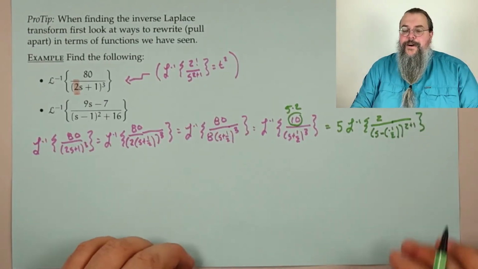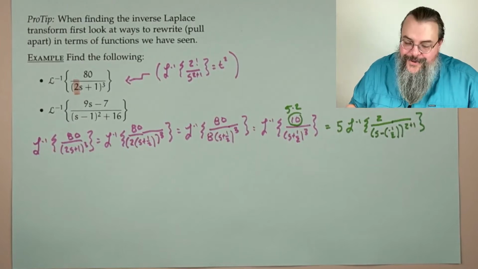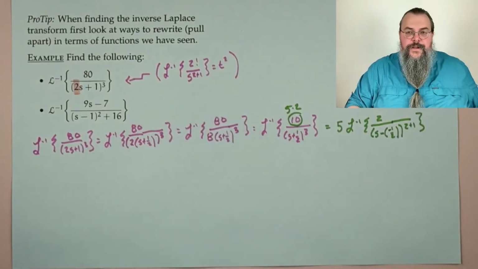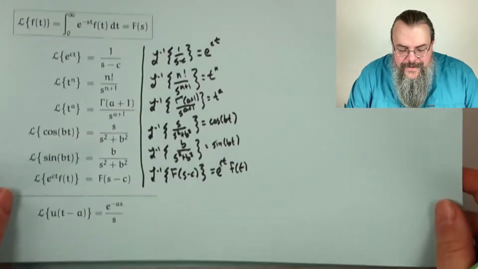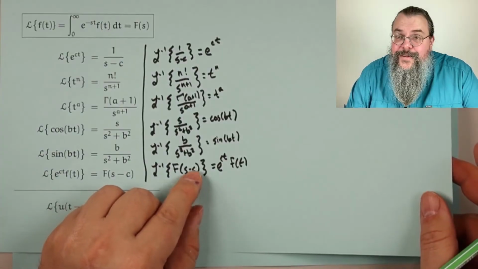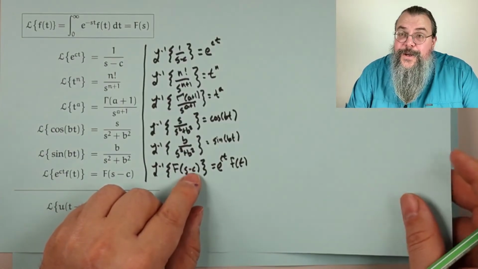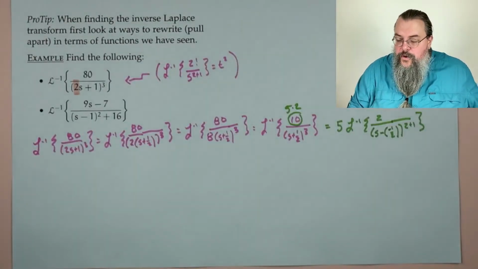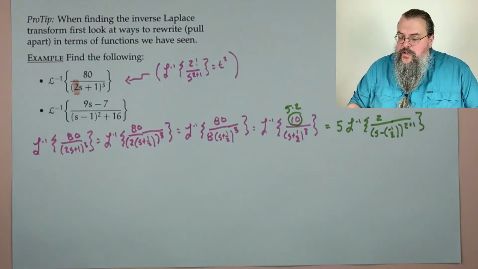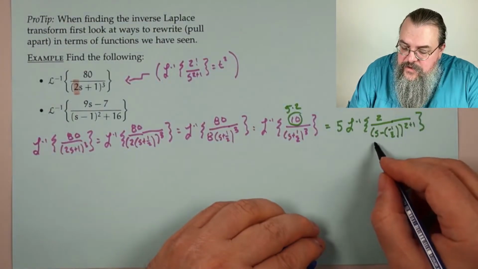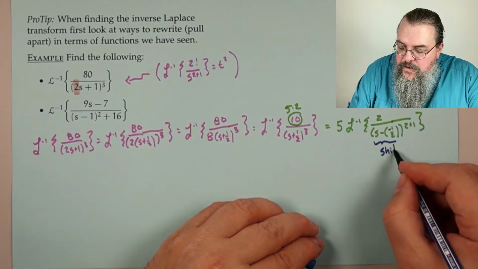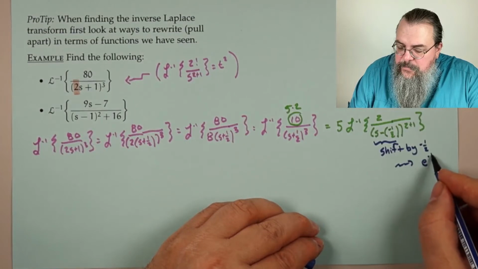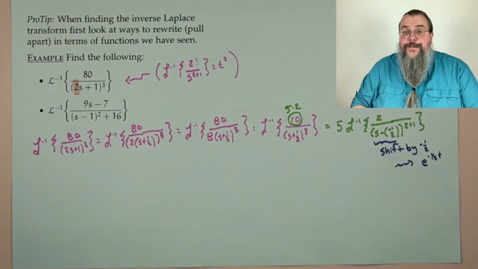Now, you might say, why did you choose to do that? Well, because we don't have s to the 2 plus 1. We have s minus something. See, we have a shift. So we have a shift by minus a half. All right, so that's good to note. When we see a shift by negative a half, that tells us that we're going to have an e to the negative 1/2 t involved in our answer.